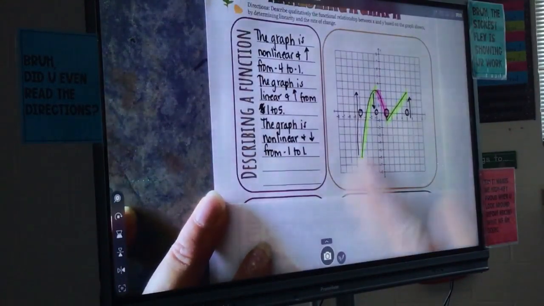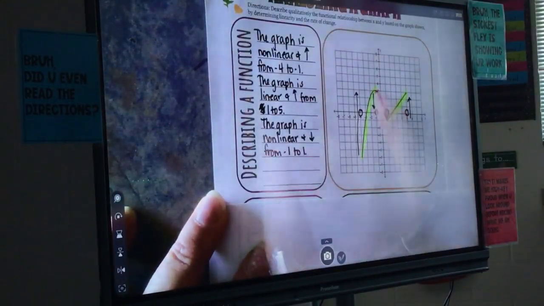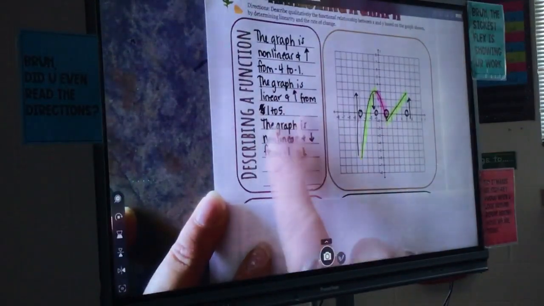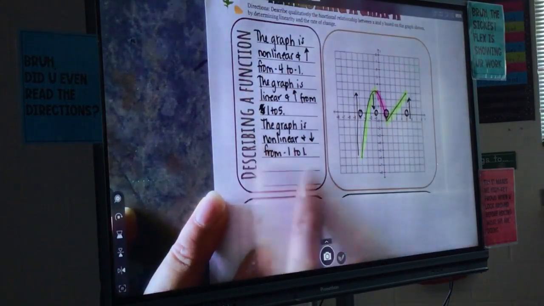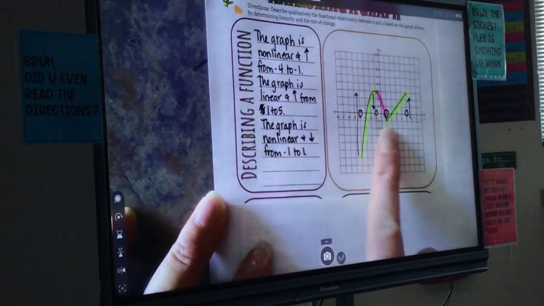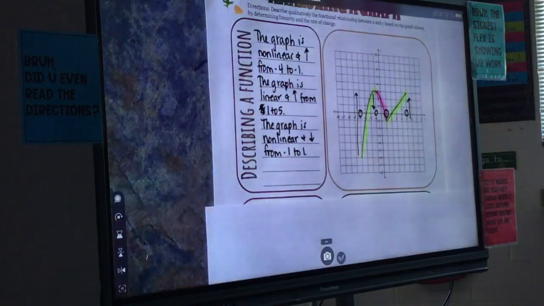Then the graph is linear and increasing from 1 to 5. And then the graph is nonlinear and decreasing from -1 to 1. So you are describing the graphs. You are analyzing them. We just spent 40 minutes highlighting, coloring, talking about the intervals and whether they're increasing, decreasing, or constant. So now you're taking the information that we wrote with numbers and putting it into sentences.